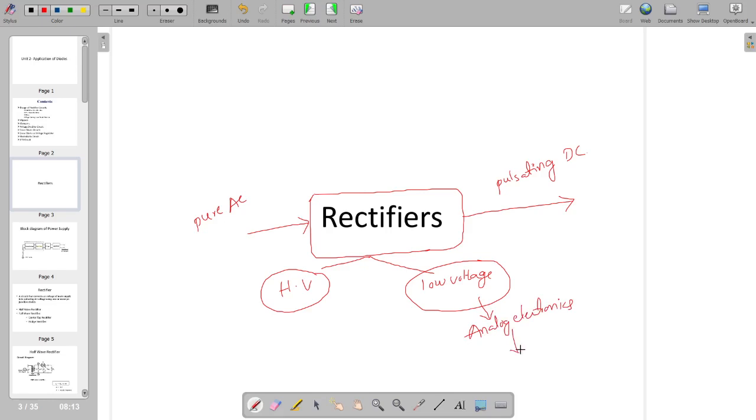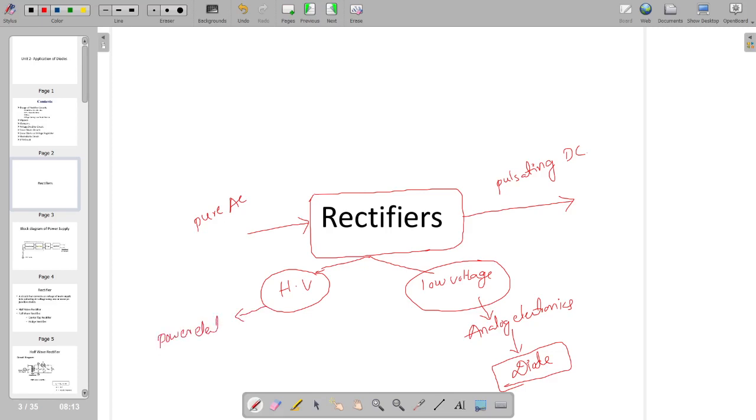In analog electronics we use the element called a diode. The diode rectifies. Whereas high voltage applications are basically used in power electronics applications.